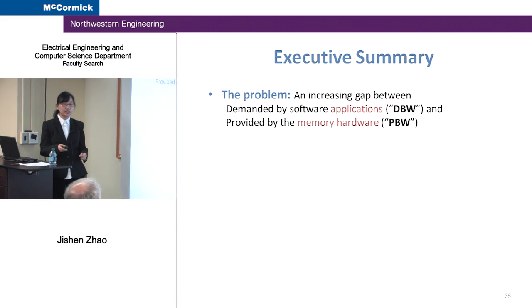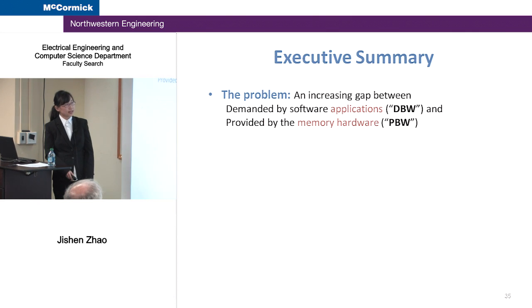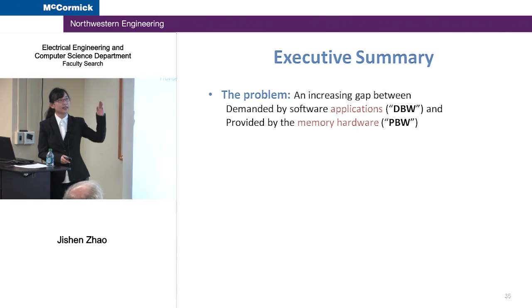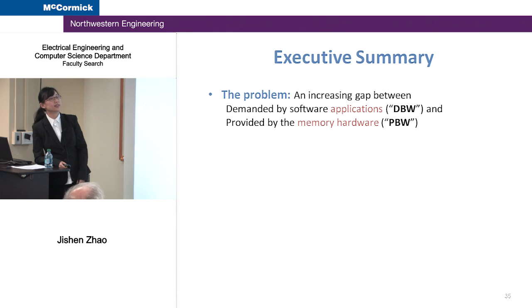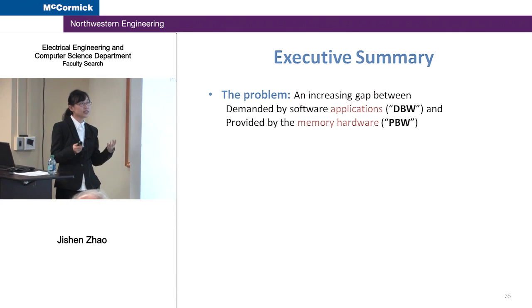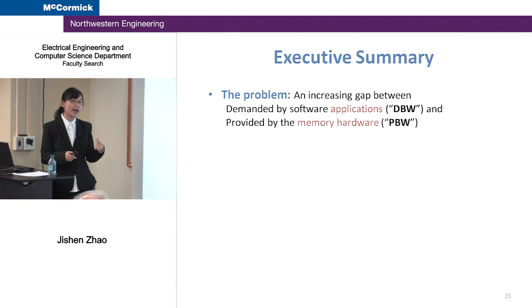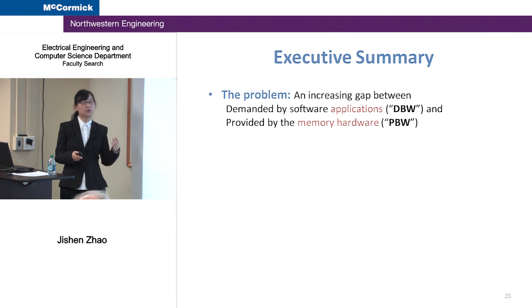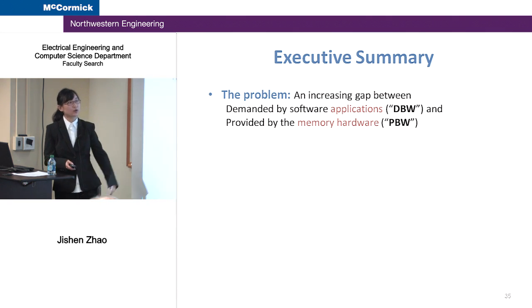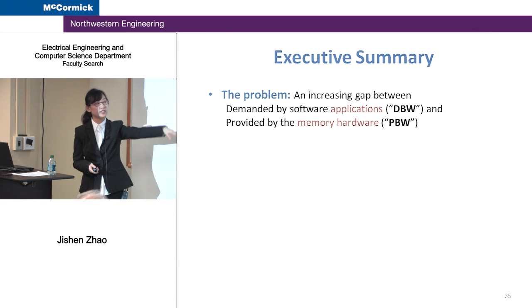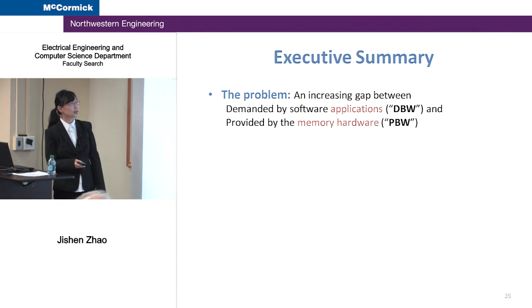Modern applications need to deal with a large amount of data, so we observe an increasing gap between the bandwidth demanded by applications and the memory bandwidth that can be provided by the memory hardware. In the rest of the presentation, I will refer to these terms as DBW and PBW.